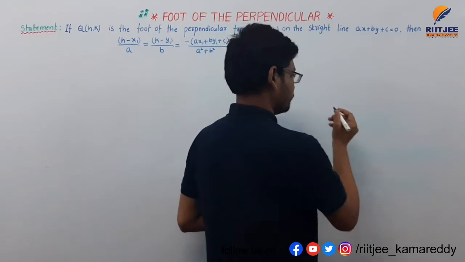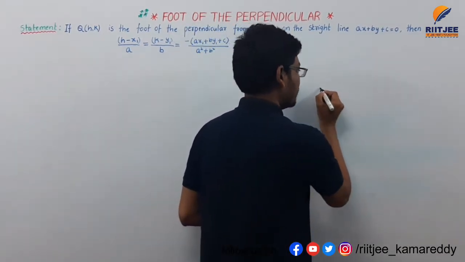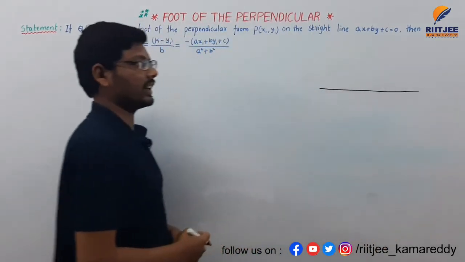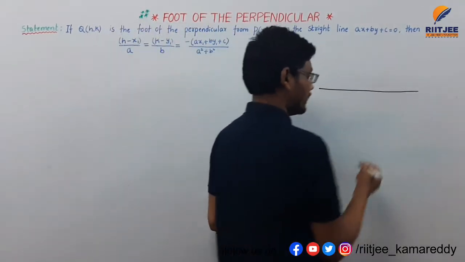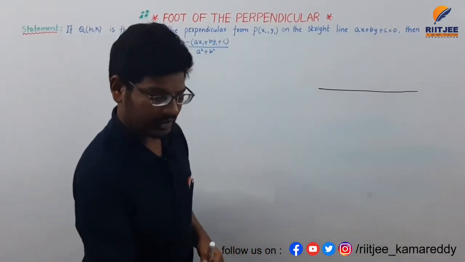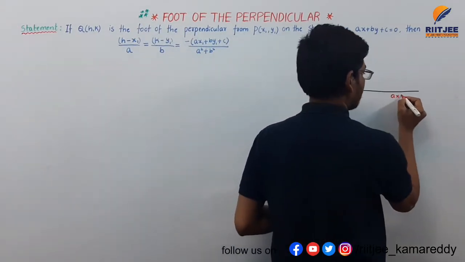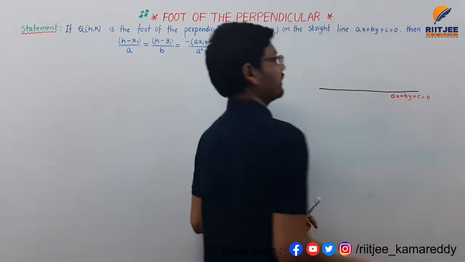And first step, listen carefully, this is the most important concept. This is the straight line I am taking here, a straight line of equation ax plus by plus c is equal to 0.